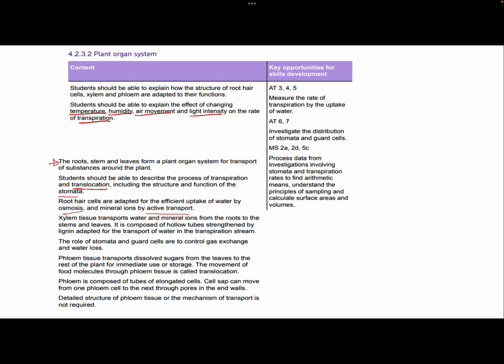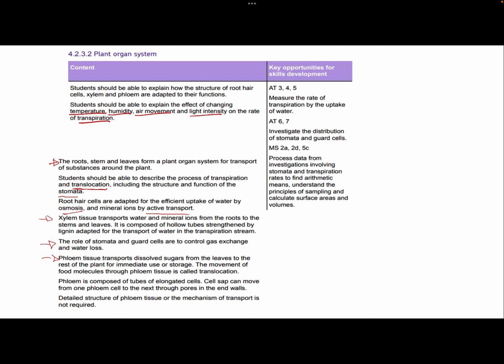It is composed of hollow tubes strengthened by lignin, adapted for the transport of water in the transpiration stream. The role of stomata and guard cells is to control gas exchange and water loss. So all of these are very important points that AQA need you to pay close attention to.